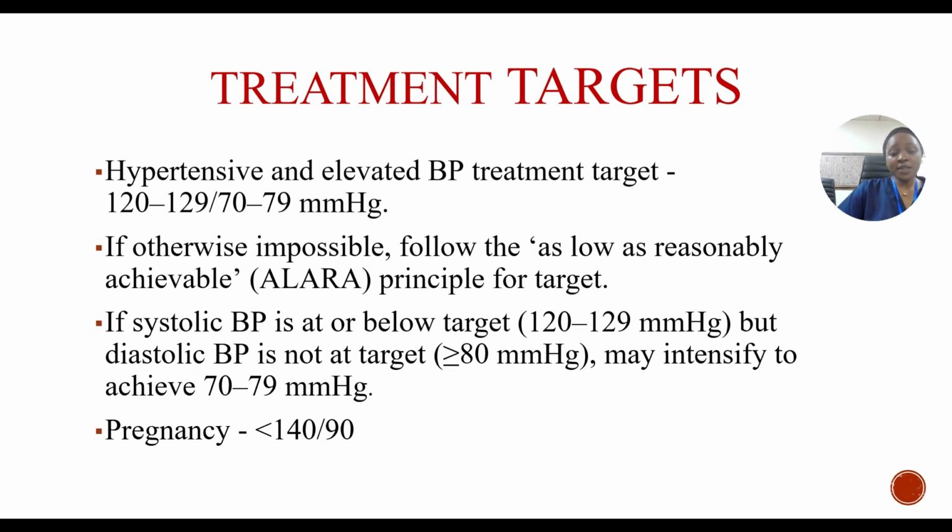The exception to this is pregnancy, where it's less than 140/90. We also try to be lenient when it comes to frail patients who are 85 years or older, or patients with orthostatic hypotension. In this group of people, you try to achieve as low as you can. So that's the principle we use for trying to get a specific target.